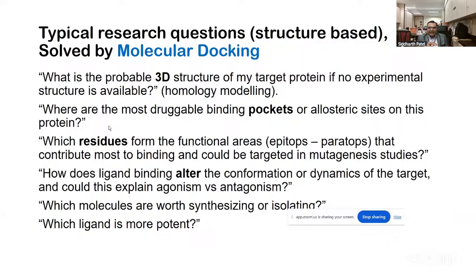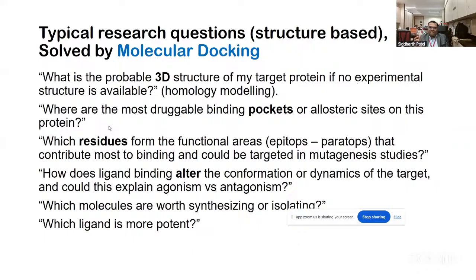The drug is interacting with a specific set of amino acids or a very small portion of the protein. The entire protein is not affected by the drug. So that small portion is a binding pocket. That is a functional area of the protein, and the drug will bind with that area of the protein. So those specific amino acids are called residues here.